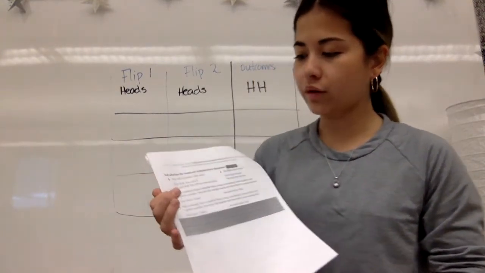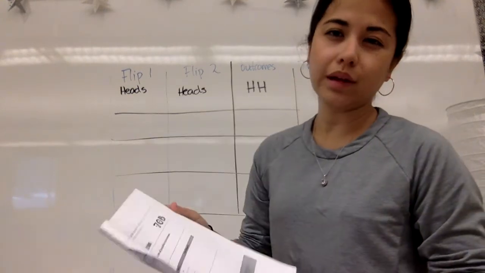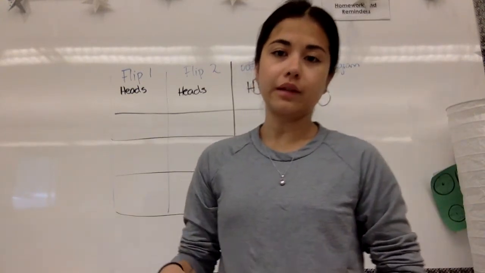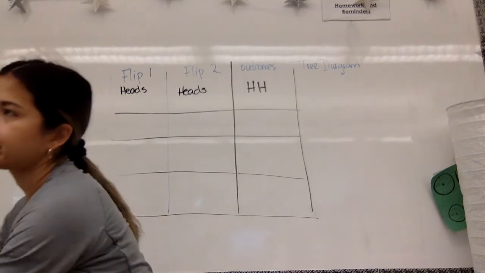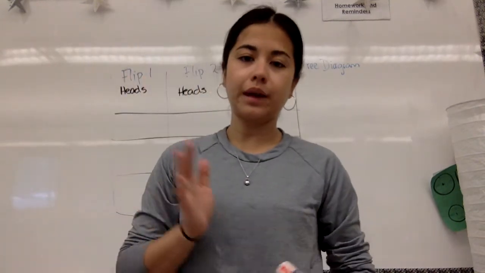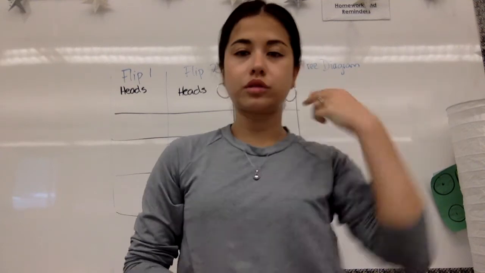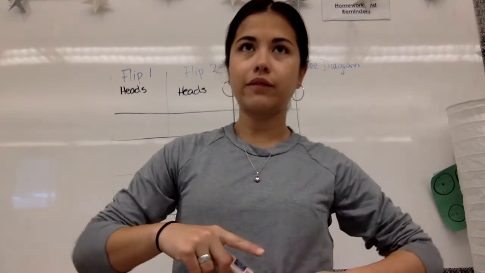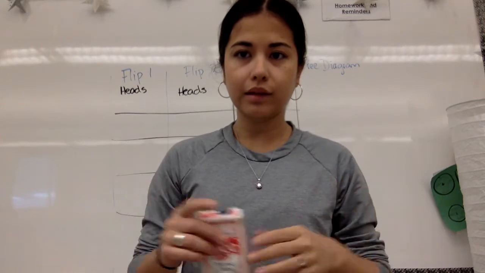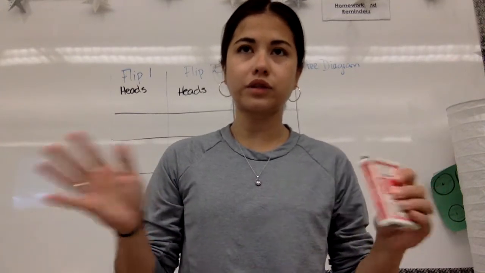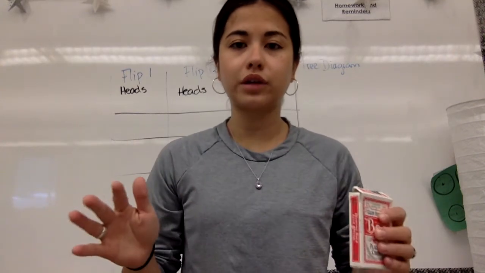The day before, you worked on a sheet that talked about independent and dependent events. Just as a review, there are two events that happen, and if they're independent, that means the second event and the first event don't influence each other at all.